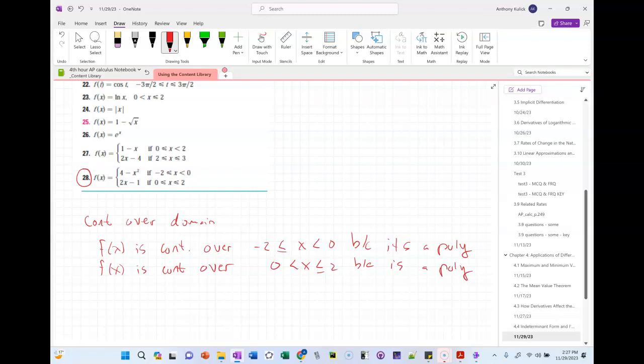So I know that those two chunks are going to be continuous because those two chunks are polynomial. The place where I have a question is at the boundary between them, are they continuous? What do I need to do to show continuity there?